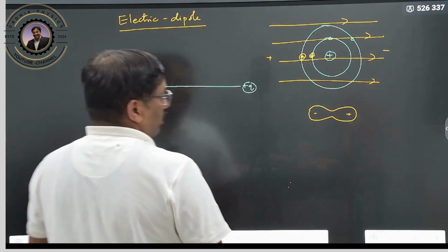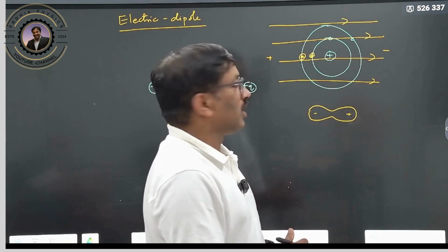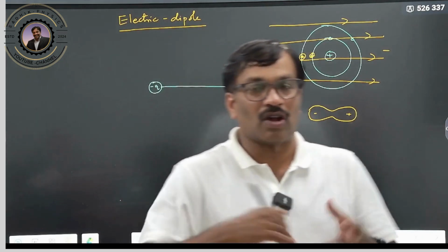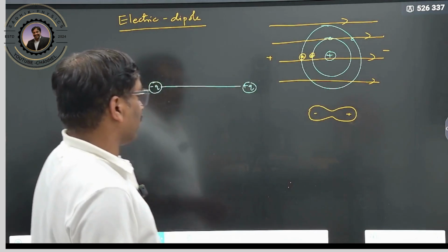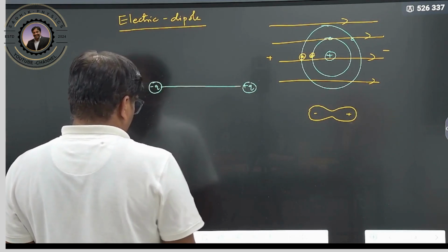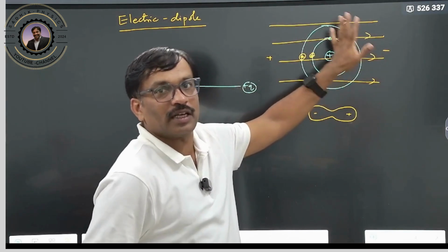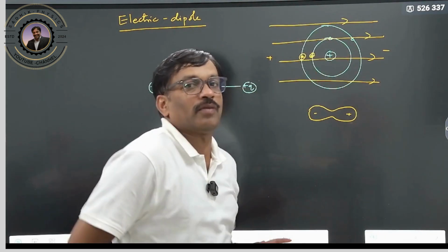Mostly polar molecules are like HCl and water. Non-polar molecules are like O2 and N2. So if there is a dipole without an electric field, that is said to be polar. If a dipole exists only with an electric field, that is said to be non-polar.